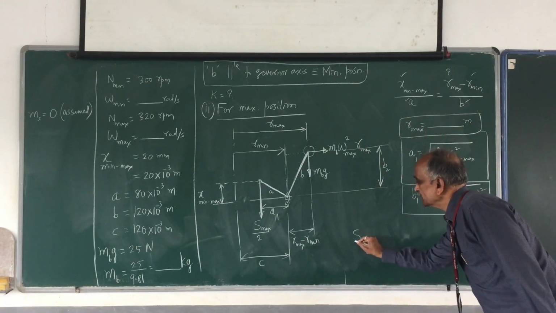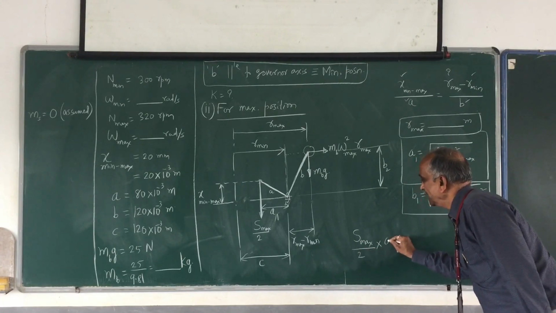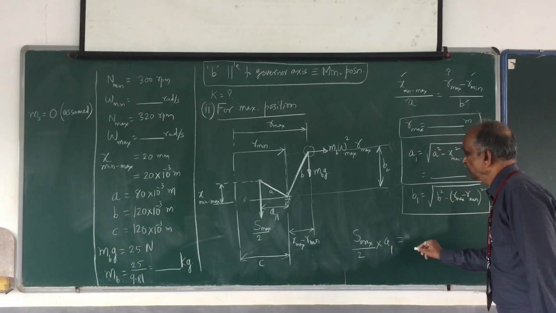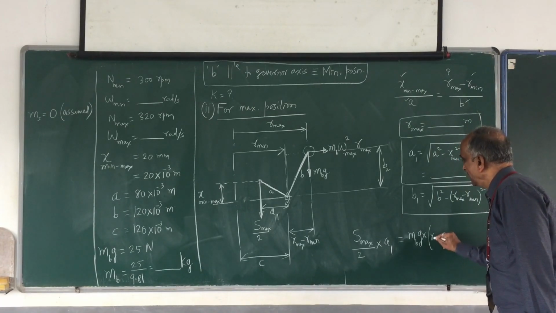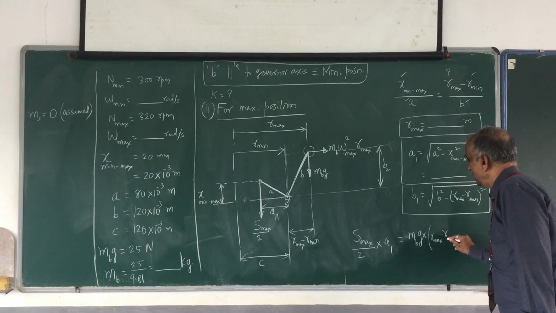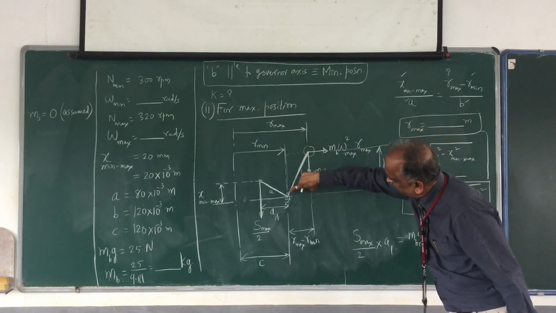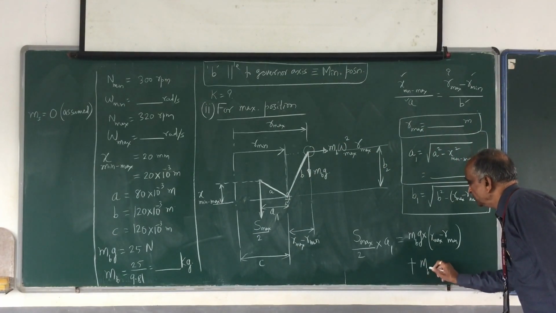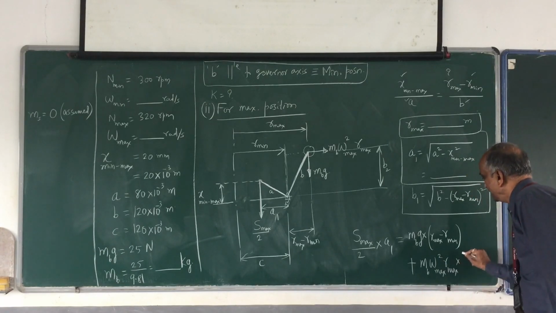That is S max divided by 2 multiplied by A1 is equal to MB into G multiplied by R max minus R minimum, plus MB into omega max square into R max, this is the force, multiplied by B2.